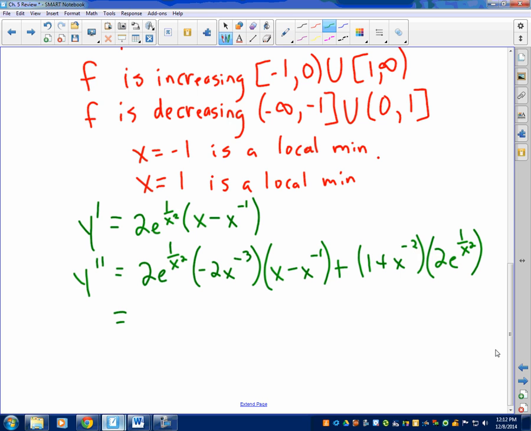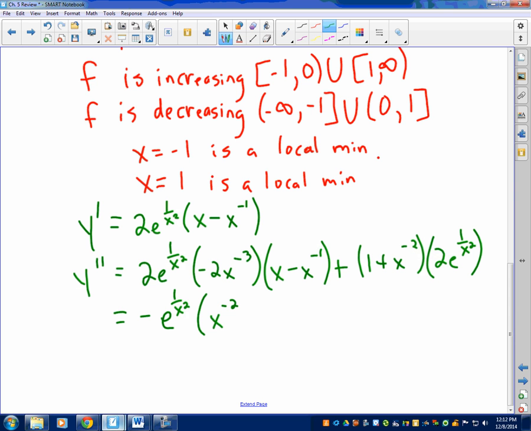So we have, let's see here. Could take this negative 2 and this and put those two together. So that would be negative e to the 1 over x squared. And then if I distribute this x to the negative 3 out, I get x to the negative 3 plus 1, or x to the negative 2 power.